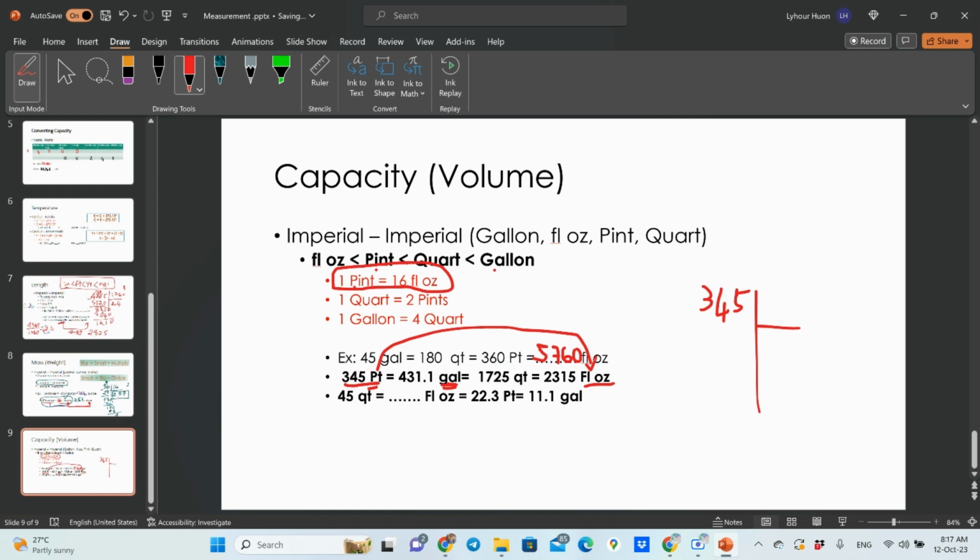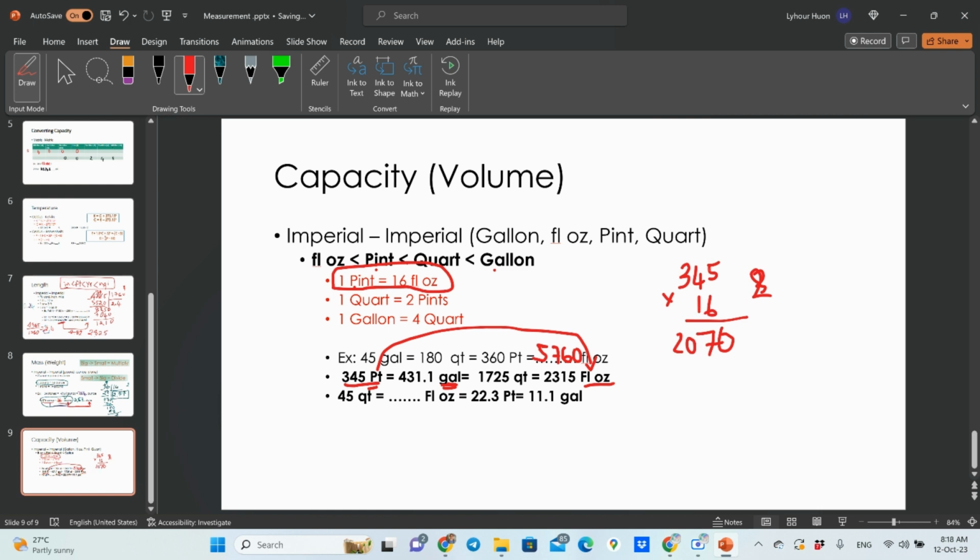So we multiply 345 by 16. 6 times 5 is 30, write 0; 6 times 4 is 24, 25, 26, 27. And 6 times 3 is 18. So 1920.